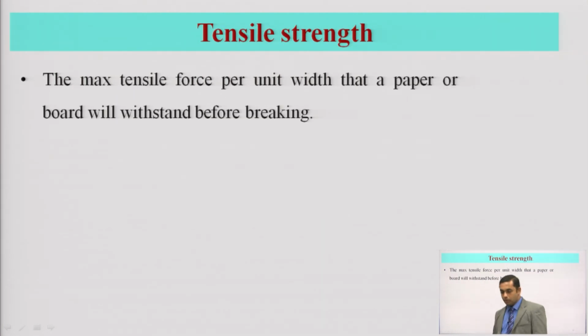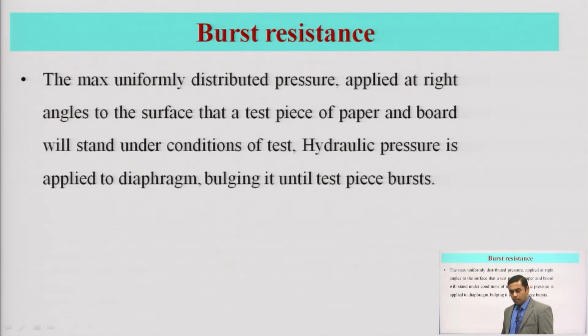Tensile strength is also very important. It is the maximum tensile force per unit width that a paper or board will withstand before breaking. We check how much pressure or tension it can accept to maintain its own condition.